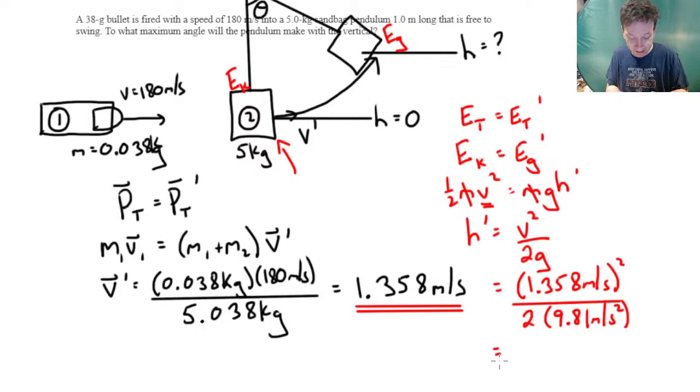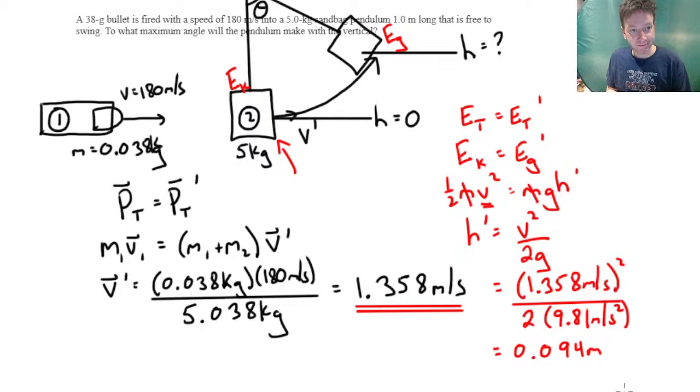Back to our calculators. 1.358 squared, divided by 2 times 9.81. So we got 0.094 meters, or 9.4 centimeters.